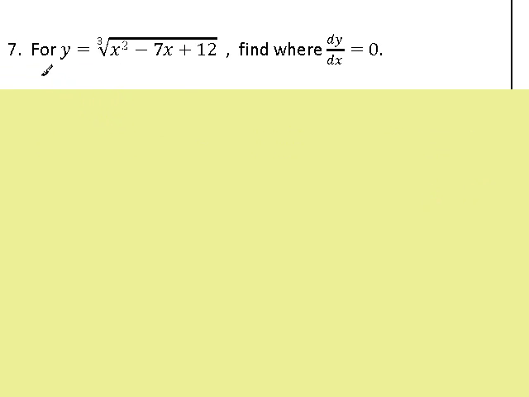In number 7, we're asked to find where dy dx is equal to 0. All right, so y has an outer function that is this cube root, and the inner function is what I'm underlining. Let's rewrite y using exponent 1/3 instead of cube root so that it's easier to use the power rule.